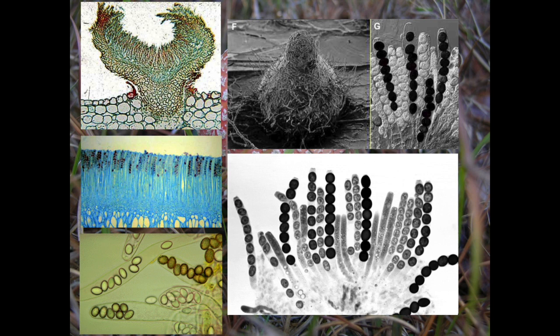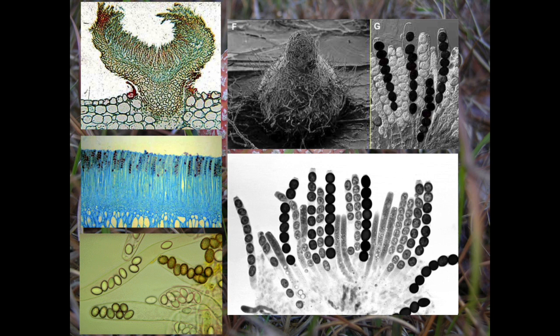So here you can see a number of different ascomycete fungi in photomicrographs. You can see what asci typically look like. The ascus sac typically is linear with 8 ascospores produced inside of it, as you can see in a couple of these images, the one labeled G in the upper right there, and in the lower right, and in the lower left.